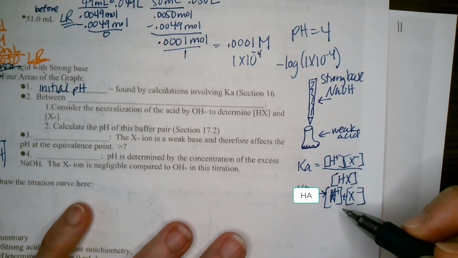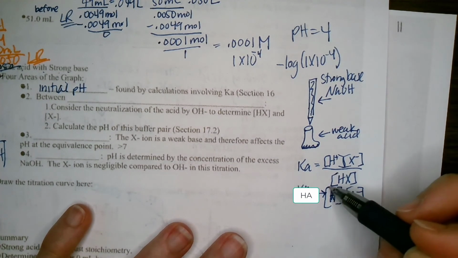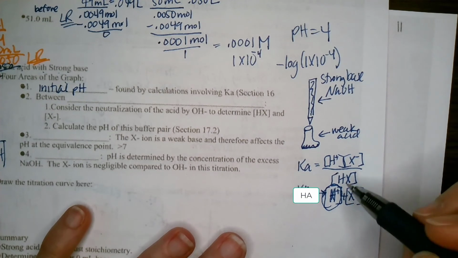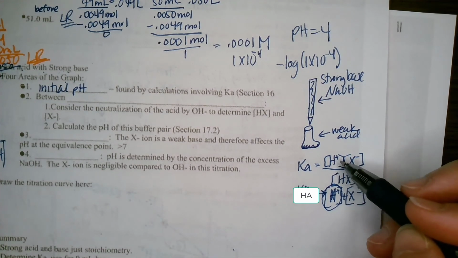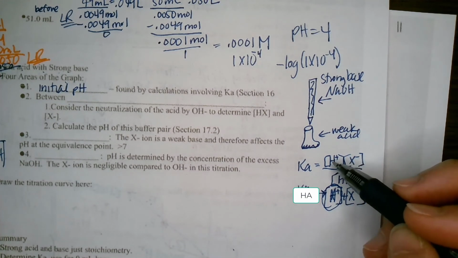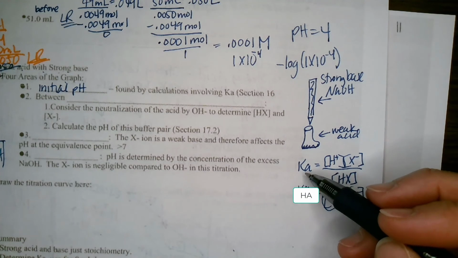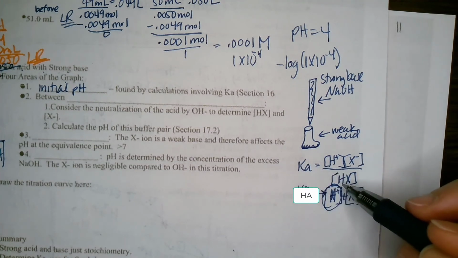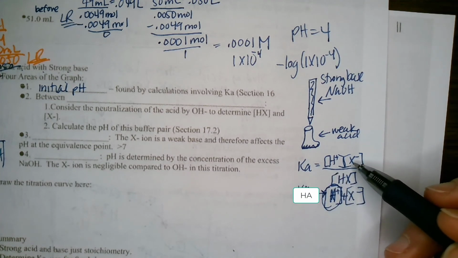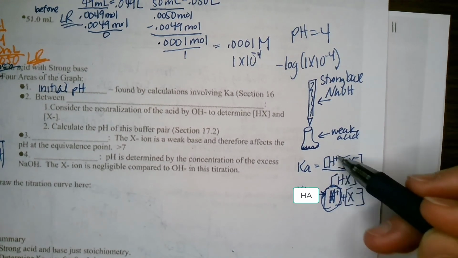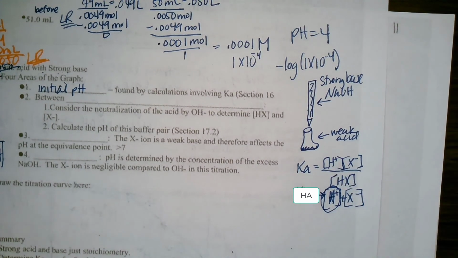We need to solve for H plus, so this is when we would put in X and X. So we'd have X squared over the concentration of our acid equal to the Ka value that we would find in appendix D. We would solve for X and plug that in for H plus so we can find that initial pH.